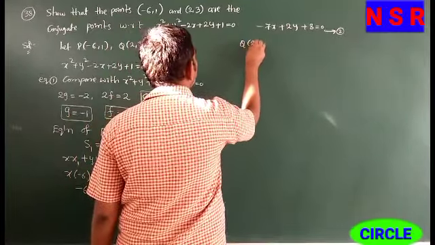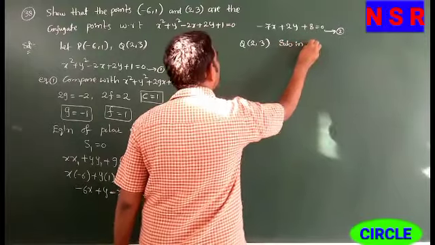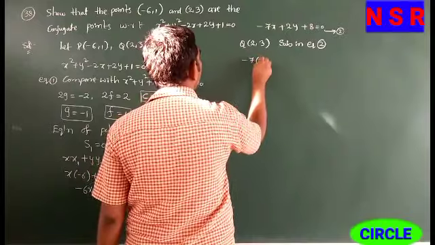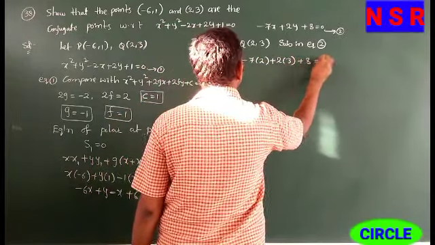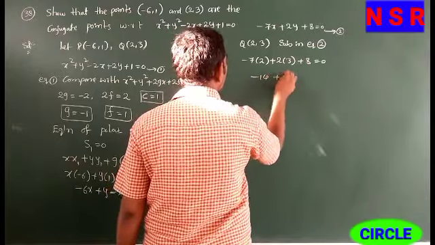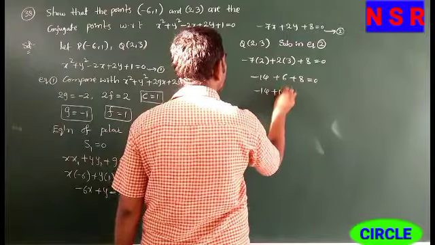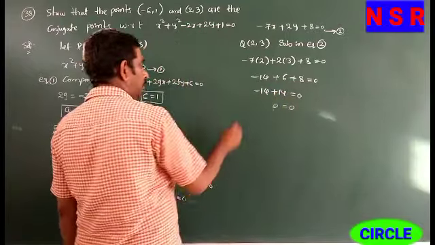Now Q is (2, 3), substitute in equation 2. So -7 into 2 plus 2 into 3 plus 8 equal to 0. So -14 + 6 + 8 = 0, that is -14 + 14 = 0, so 0 equals 0.